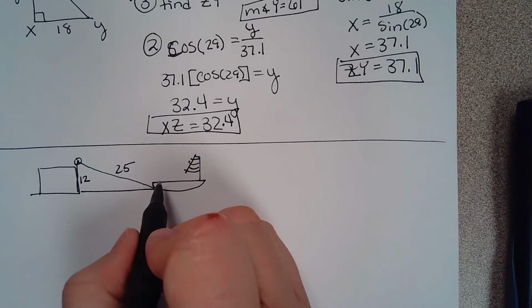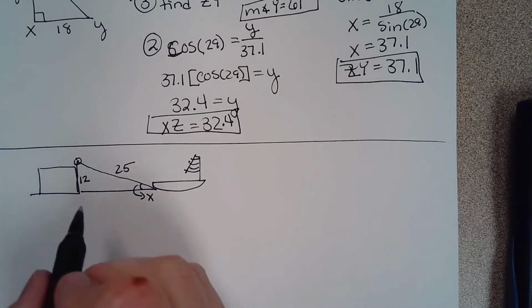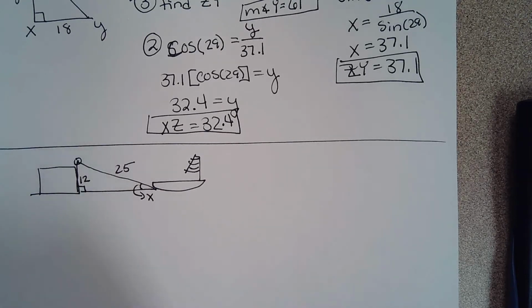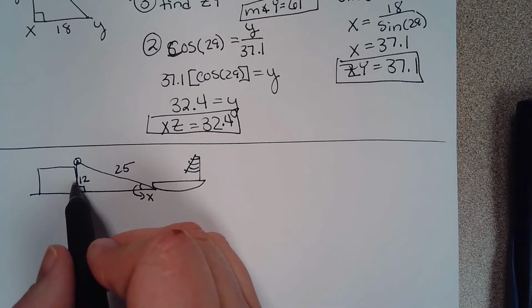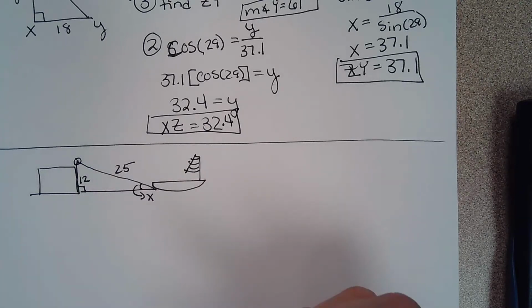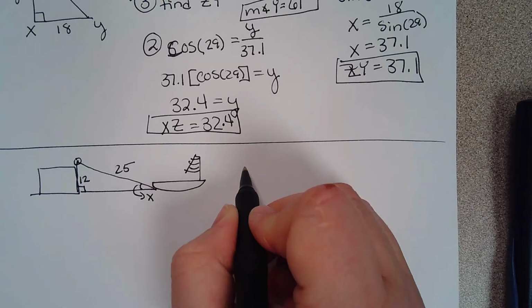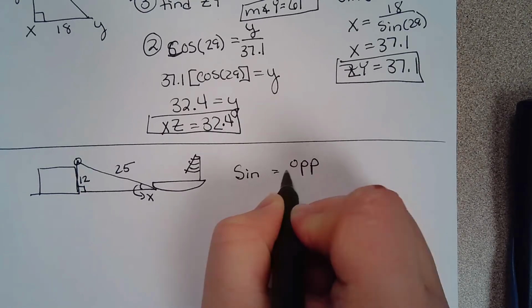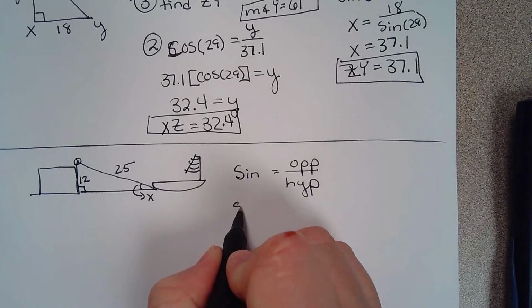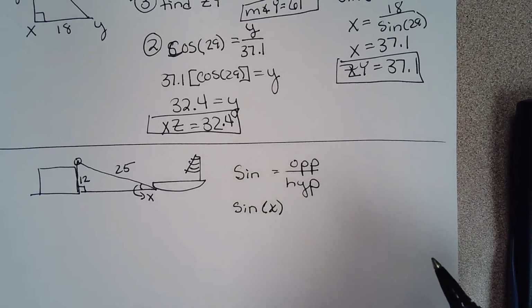We do not know the angle. The angle is x. So we have to look at this and go, okay, that's basically a right angle where the two of them can join down there. We have, in this case, an opposite over a hypotenuse. So opposite over hypotenuse is always going to be sine. So sine x, because we don't know what it's going to be, we're just going to call it x for right now.